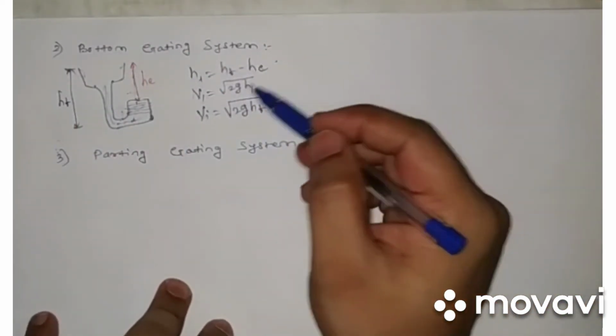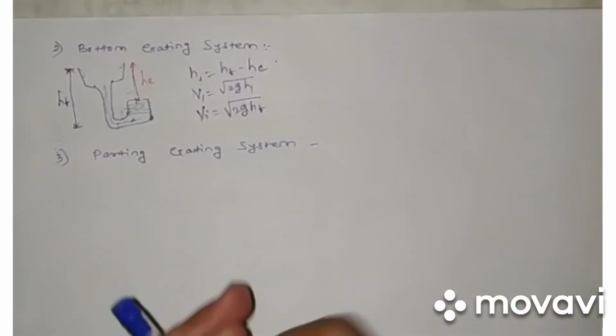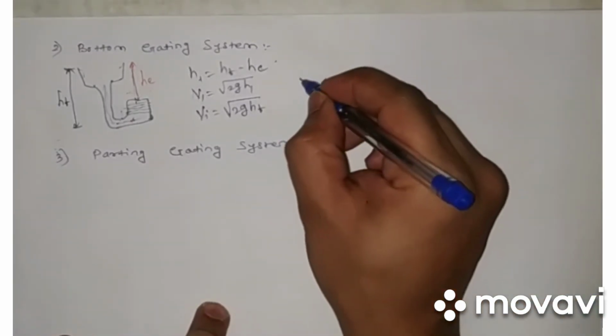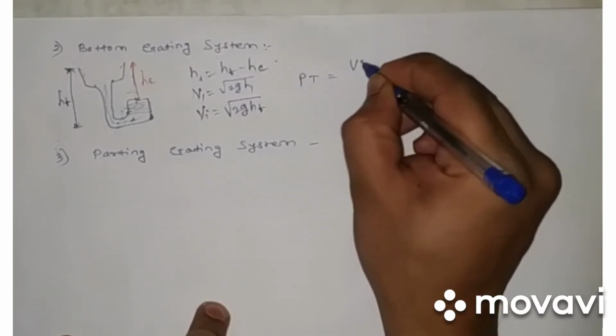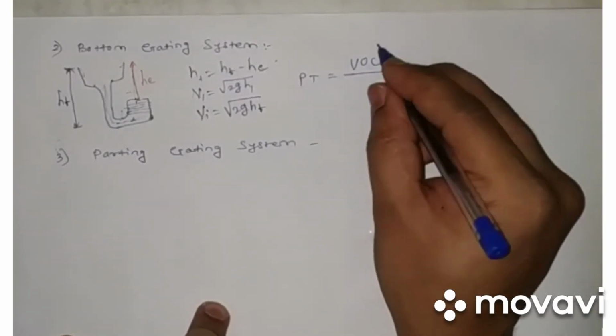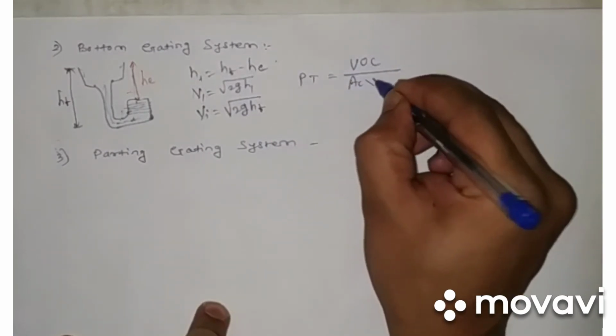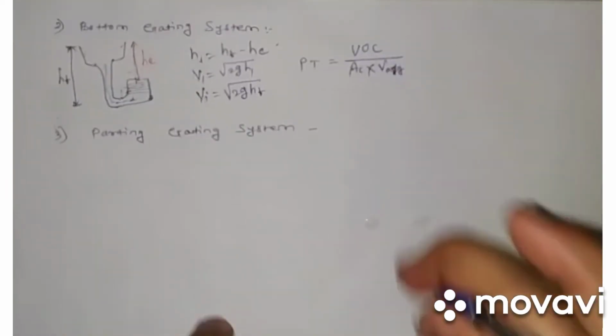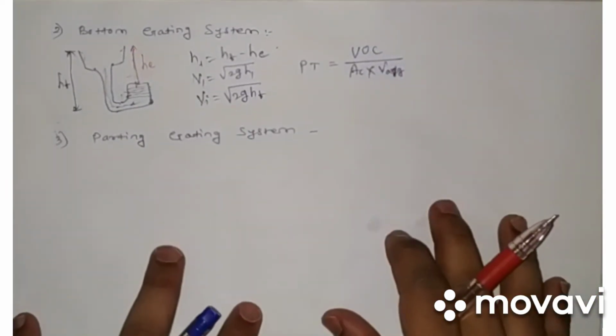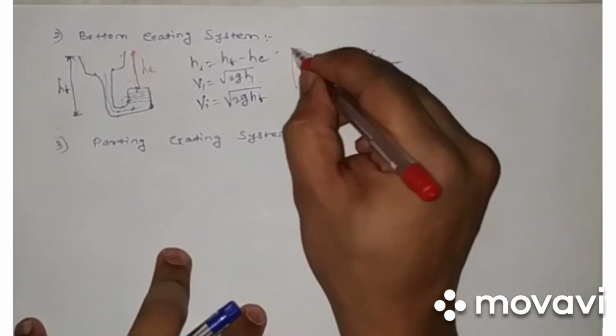So we have to consider the average velocity in this case, and that's why we can write the pouring time as nothing but our volume of casting divided by choke area into V average. So this is very important in this case, because we have to consider the average velocity.